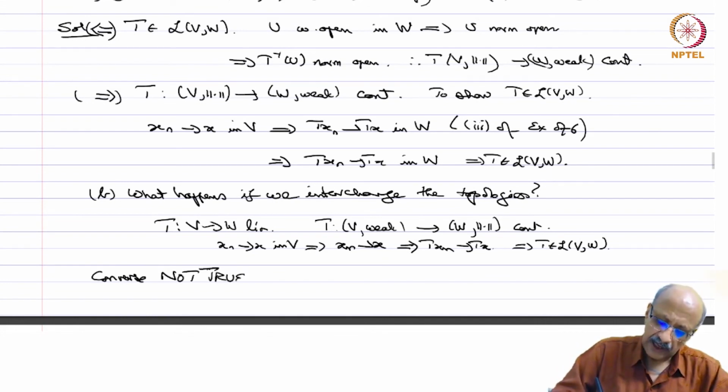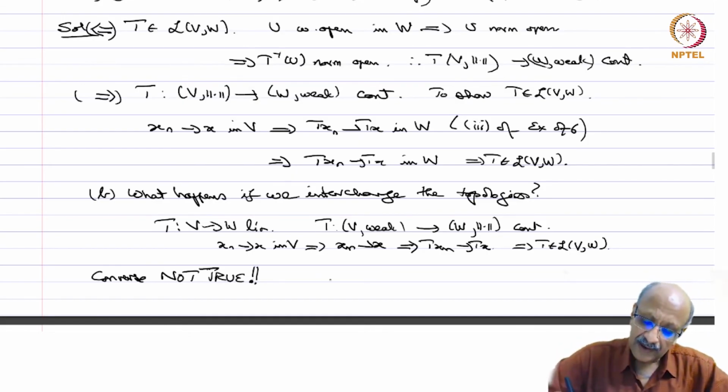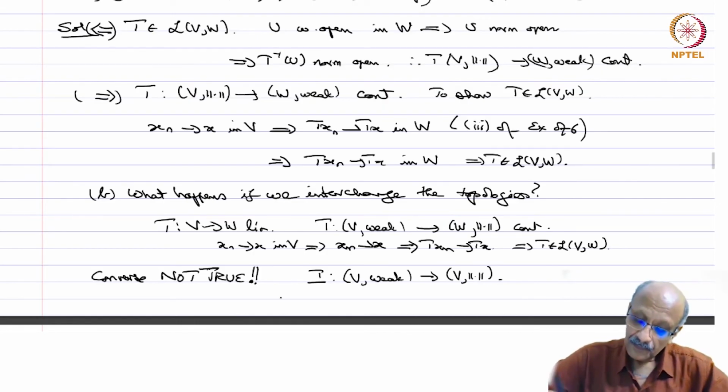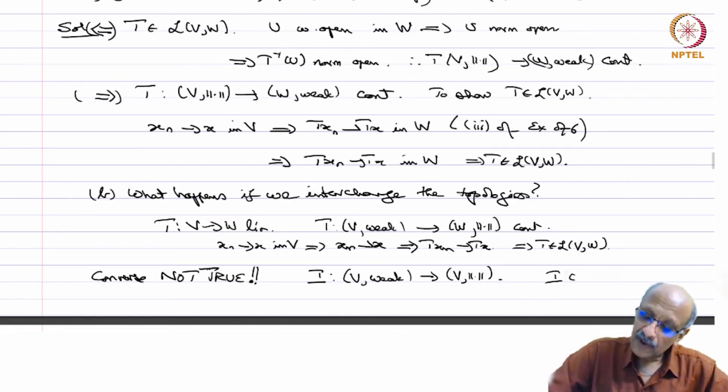So this is the only case where you have a problem. So you take identity map I from V weak to V norm. So identity map belongs to L(V,W), L(V,V) or L(V) itself.